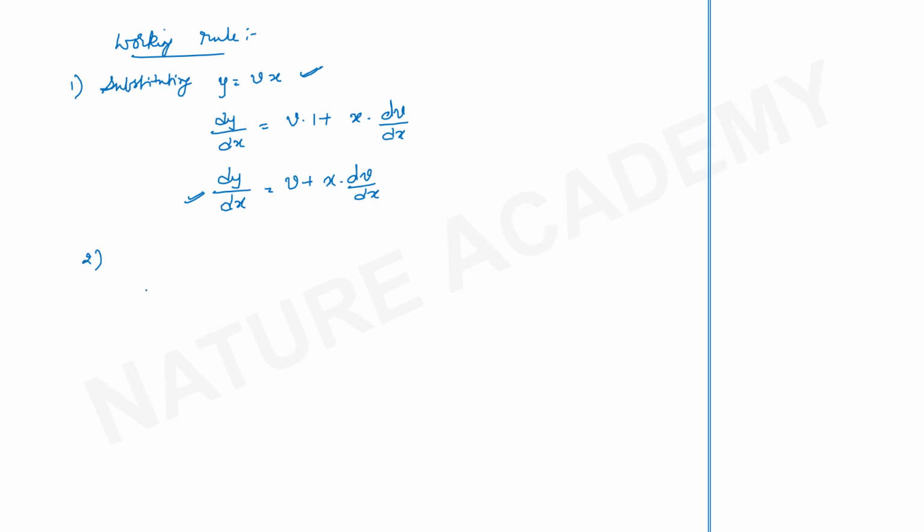Second step is, now separate the variables like we did in the variable separable method. Integrate both sides. Add c after putting v is equal to y by x back. That's all. So you have to integrate both sides like in variable separable form.